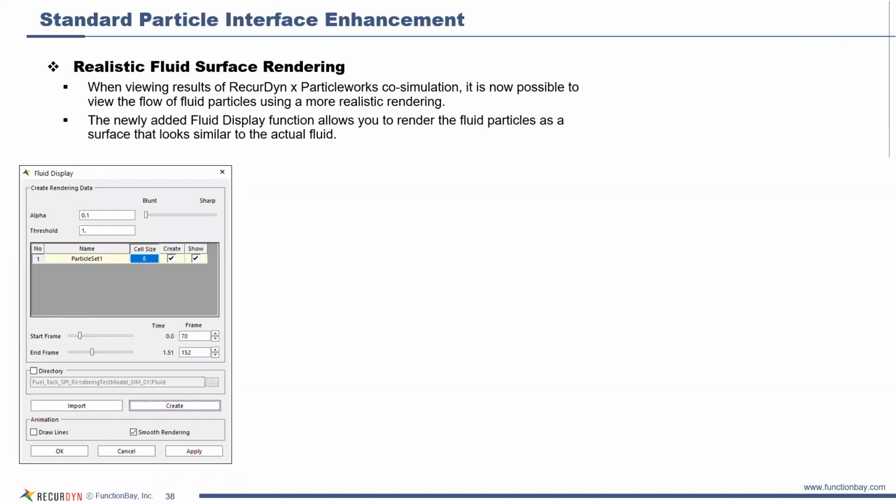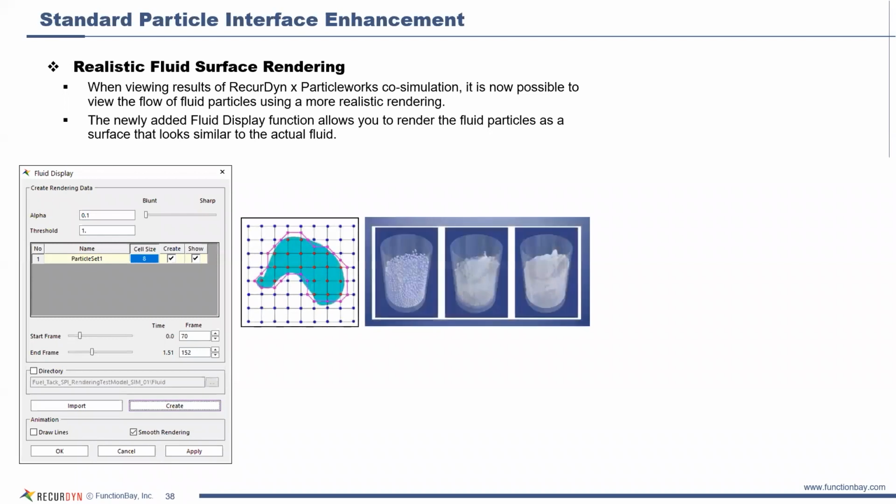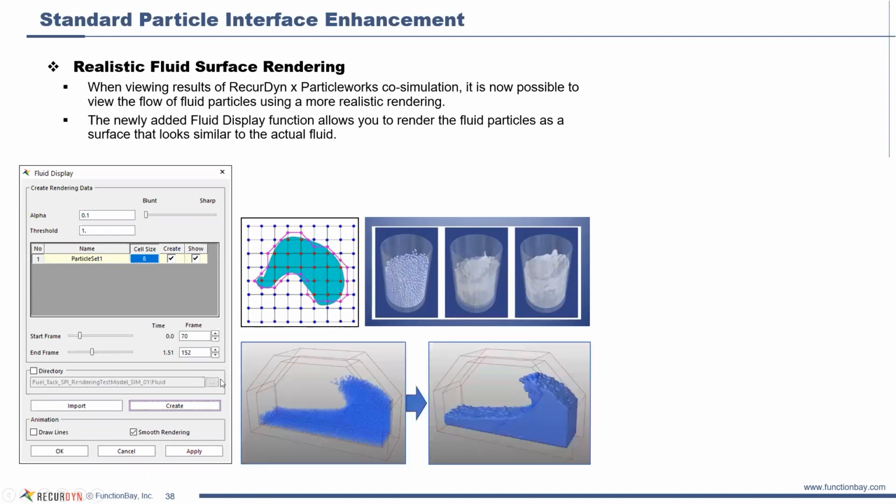So if we take a look, this represents how the fluid surface is displayed more smoothly. Initially when you view the particles in RecurDyn, they'll appear as what's shown on the left.